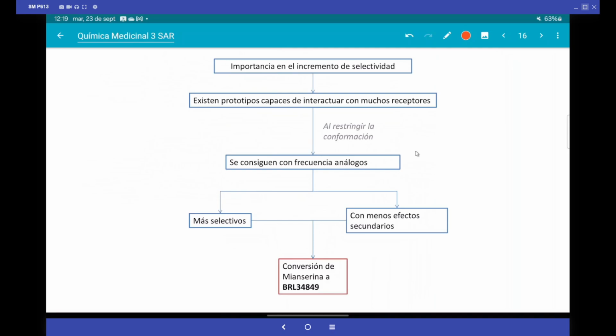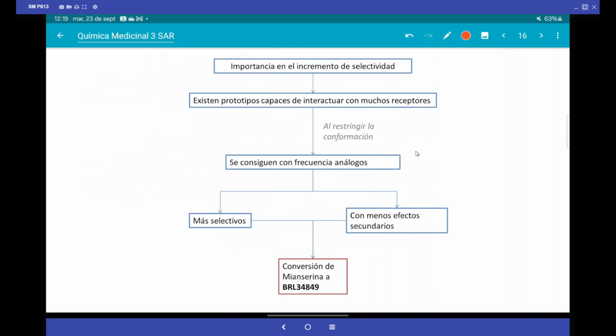That makes sense when the effect is synergistic, a multi-target effect to get a greater power in the final action. More selective analogs are obtained when one restricts the conformation, and with fewer side effects when I want to rigidify the molecule.